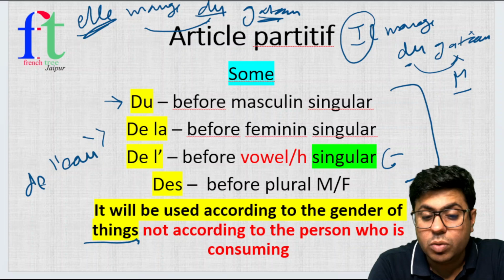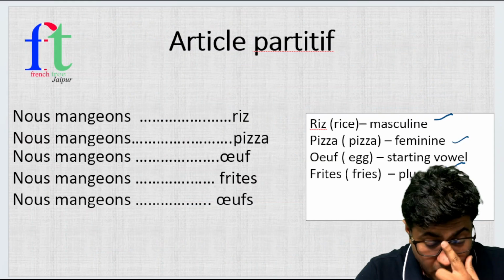So how are we going to implement it? I give you a few minutes, just read them and try yourself: which article partitive, du, della, l apostrophe and des, which one are you going to use.